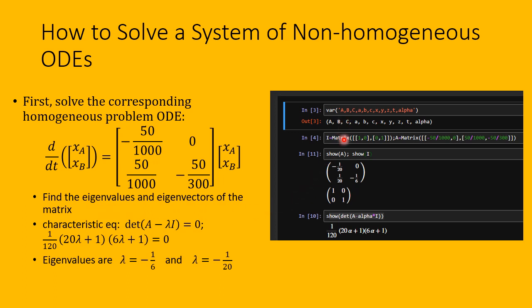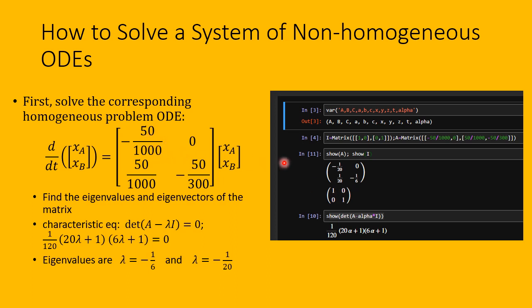And by a Sage Math calculation over here, we have variables defined, and then we're going to let I be the identity matrix, and A is going to be the matrix that we have right there, first row, second row. Show A and show I, and we can see that it is this matrix and the identity matrix.